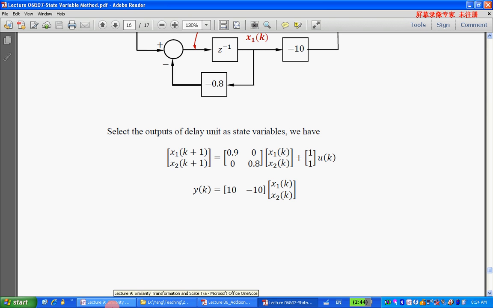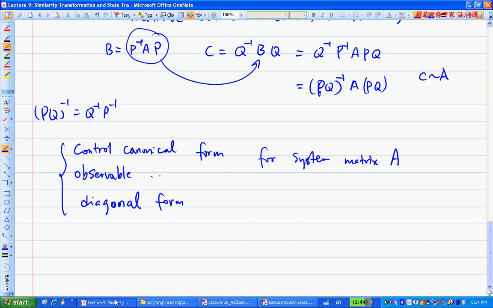So now the question here is, if they all represent the system, then all of these different A matrices can be converted to each other, from any other form, using similarity transformation.